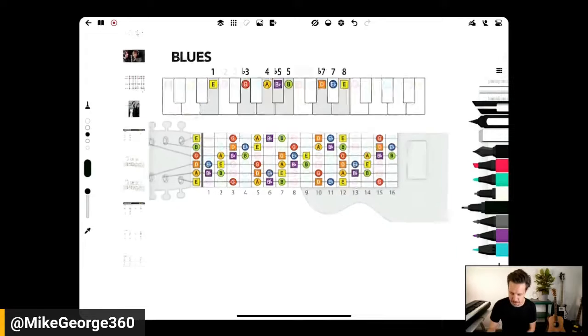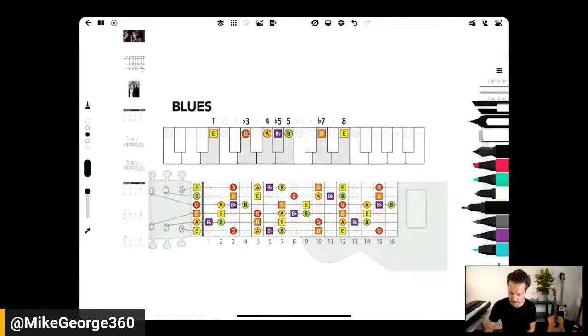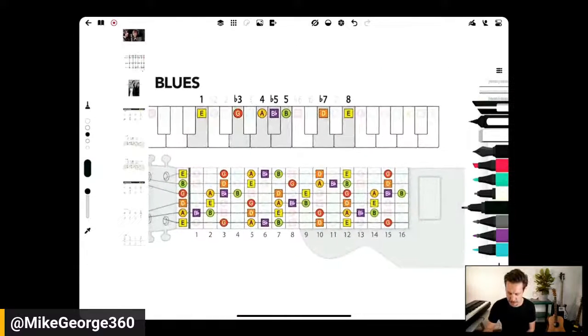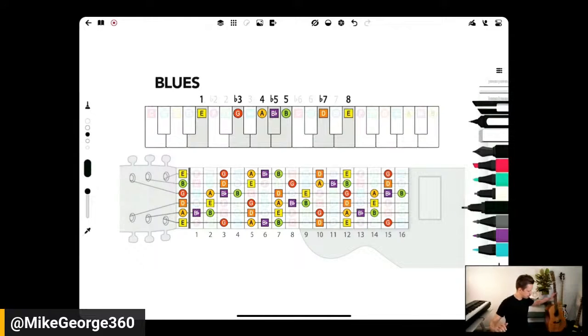This is the blues scale as Nirvana uses it in Come As You Are, but this is just the plain blues scale. I guess it would be helpful if I mark each tonic, thinking out loud here, like all of the E's, so you kind of know where the tonic is, where to anchor yourself, the tonal home base.